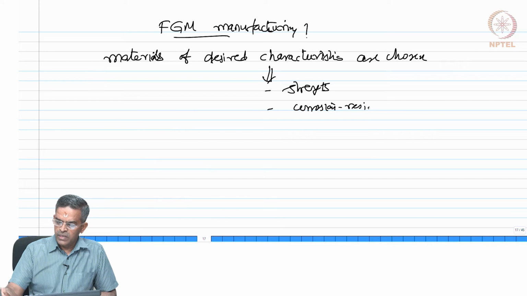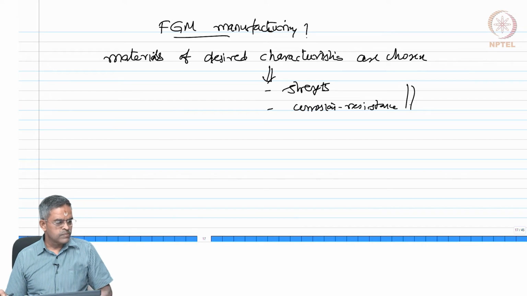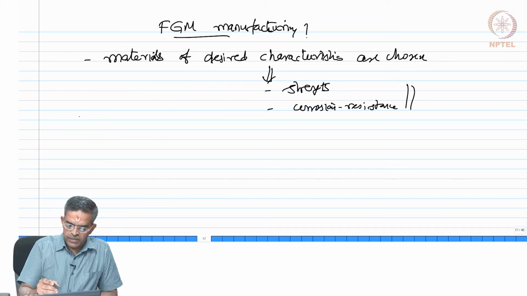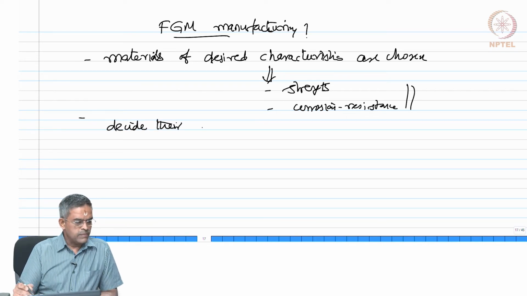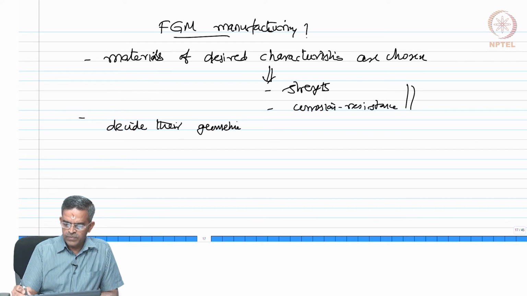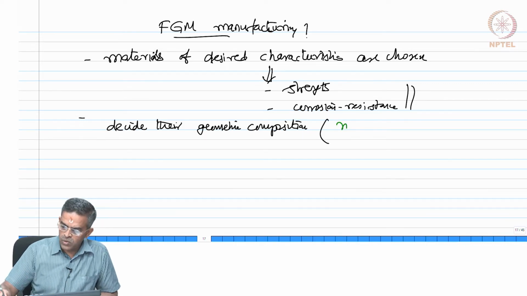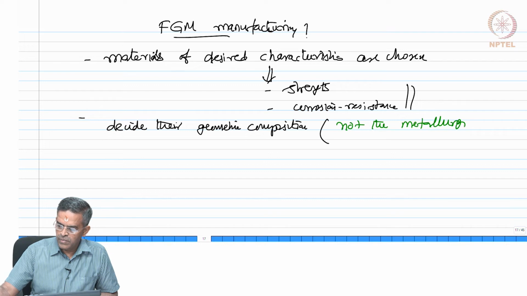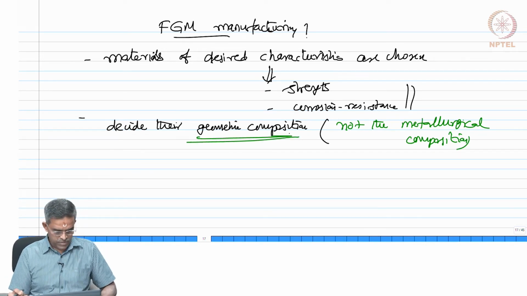We are looking for essentially these two properties as functional requirements. We choose these materials. Then we decide their geometric composition. Please note, we are not talking about the metallurgical composition. We are talking here about the geometric composition, friends. Please be very careful about it.